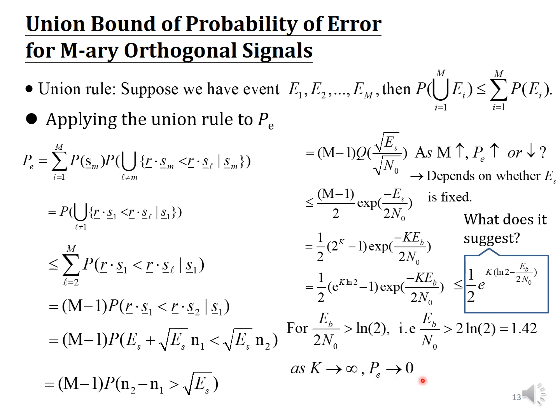That means it is possible to have the error probability as small as possible.